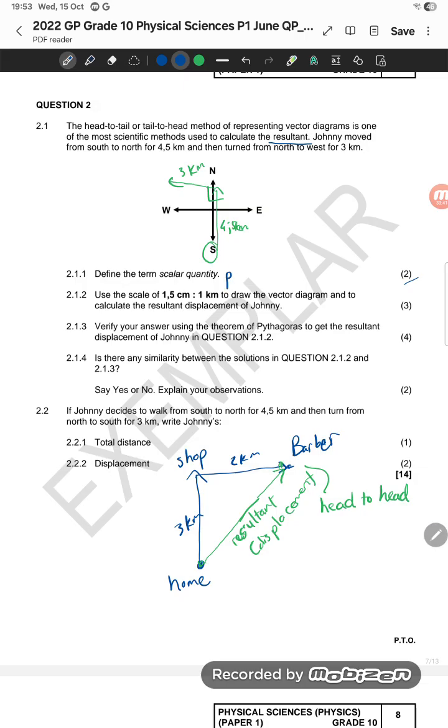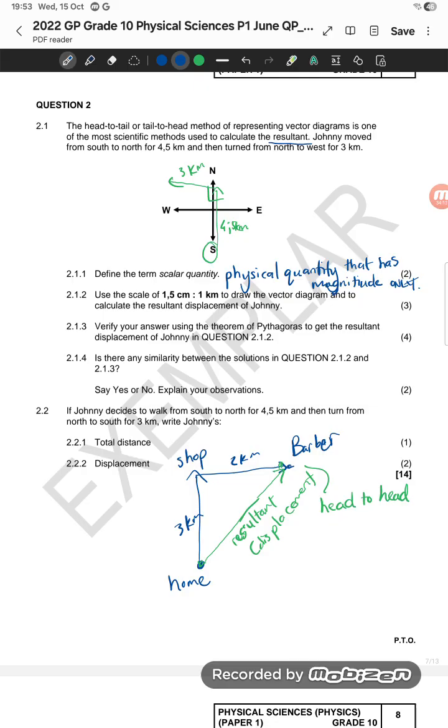Although maybe it can be measured in one's actions, possibly. A physical quantity that has magnitude, and please write the word only, so that there's no misunderstanding the fact that we only have magnitude and not direction.